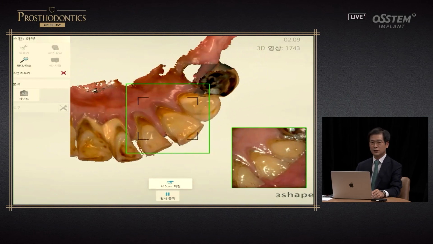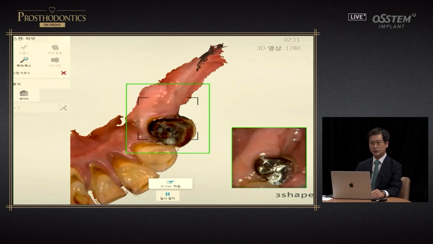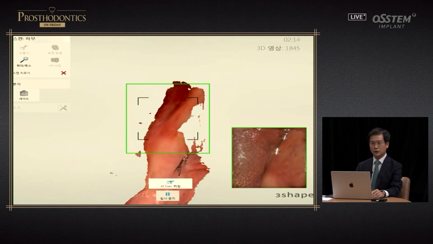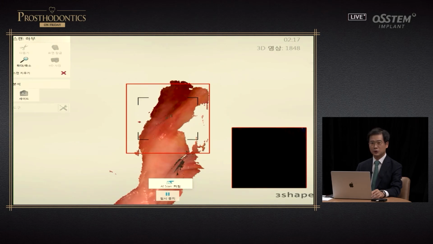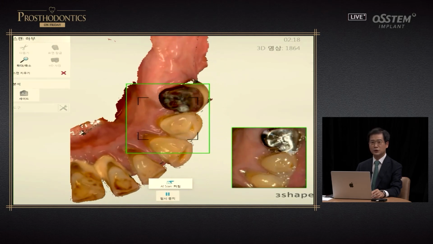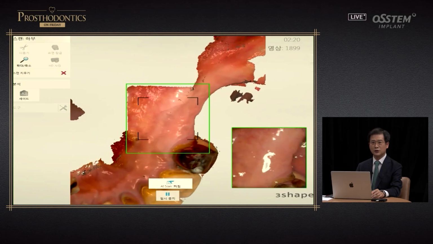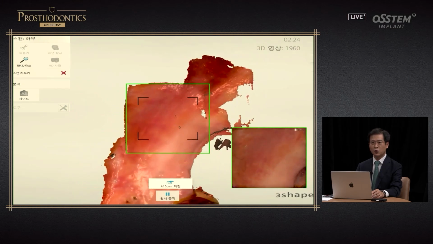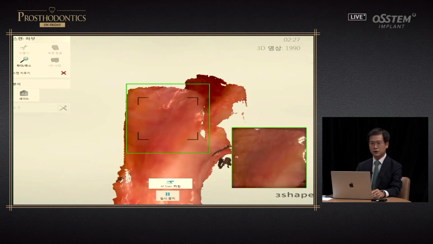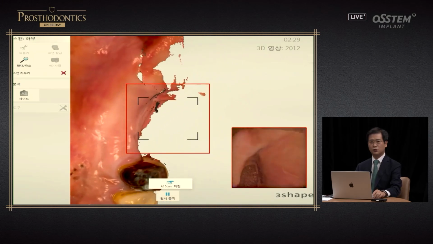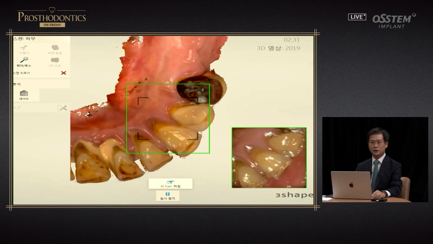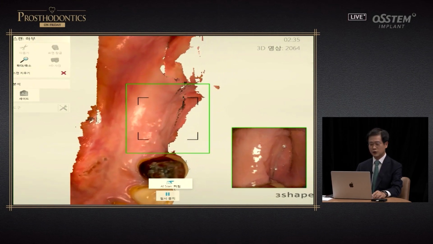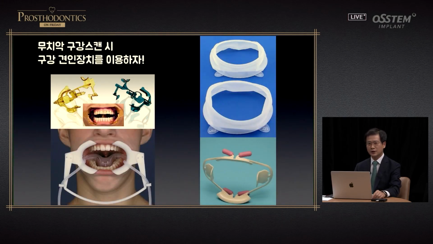What is also important is that this was to create a removable denture. On the mandibular area, the tongue could block the scanner. So you have to tell the patient to relax the tongue, and on the lingual side and inside of the tongue, the lower side needs to be scanned or the area extended.